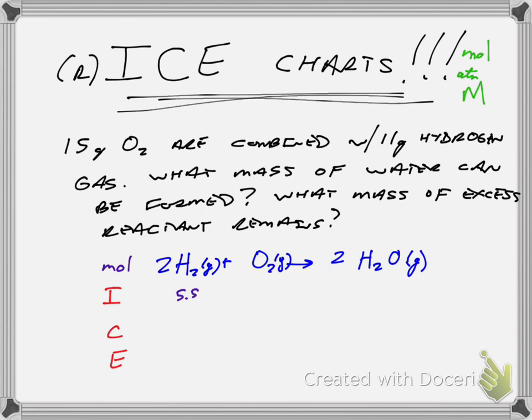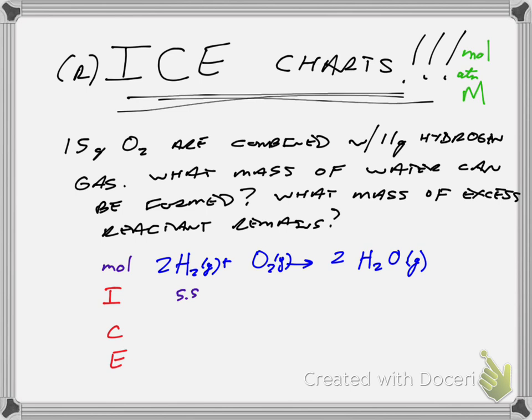Because quite honestly, even if I used all 4 sig figs for my molar masses from the chart, since I only gave you 2 sig figs in the given information, I almost guarantee you that it ends up rounding off the same. So don't be lazy like I'm doing right now. Use the full molar mass off of the chart using all the sig figs, and then round it. But trust me, it's probably the same on a question like this. And again, this is primarily about learning ice charts.